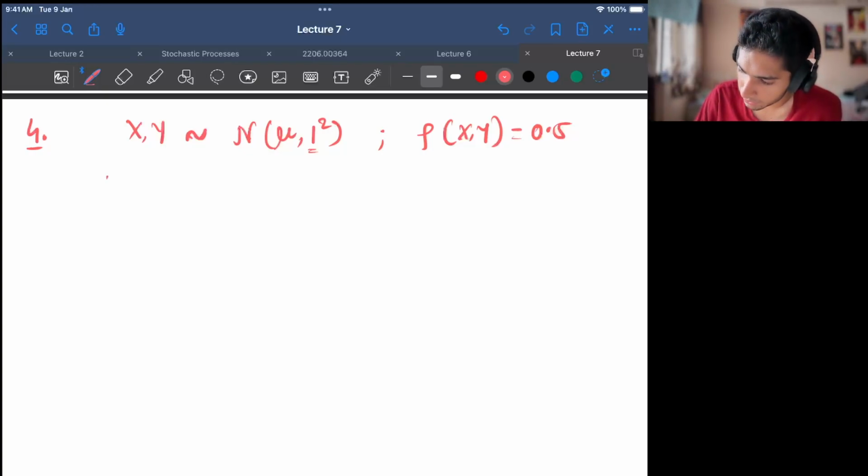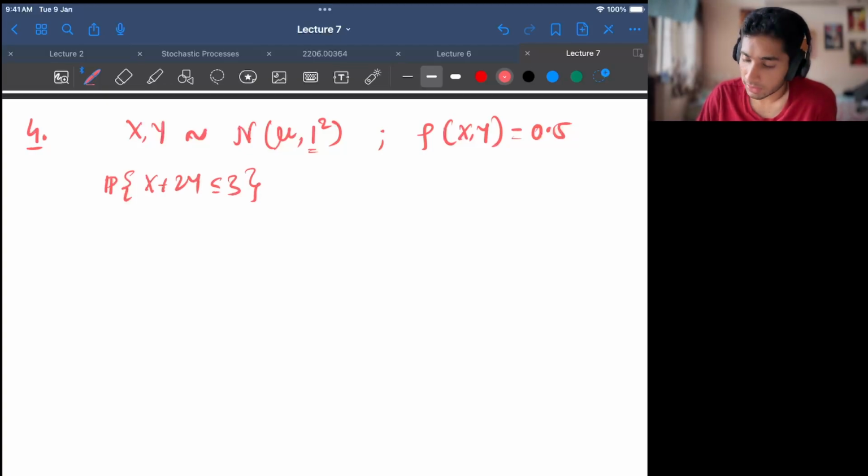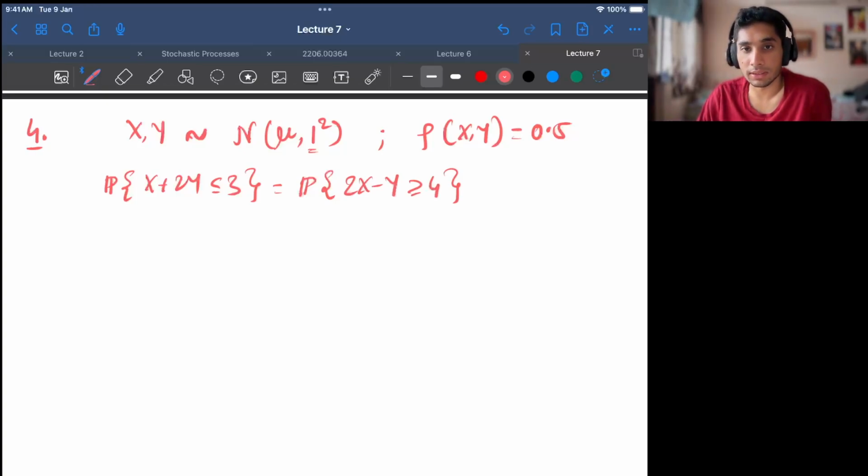Another thing that is given to us is that probability that x plus 2y is less than or equal to 3 is equal to probability of 2x minus y greater than or equal to 4. This is given to us, and the question that is asked is what is the value of mu.